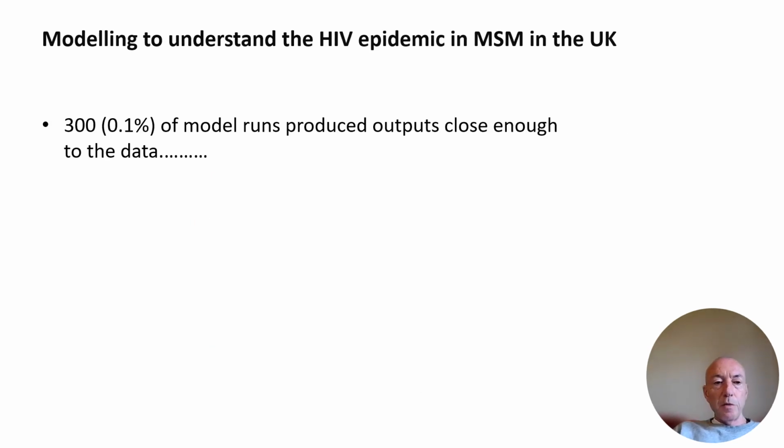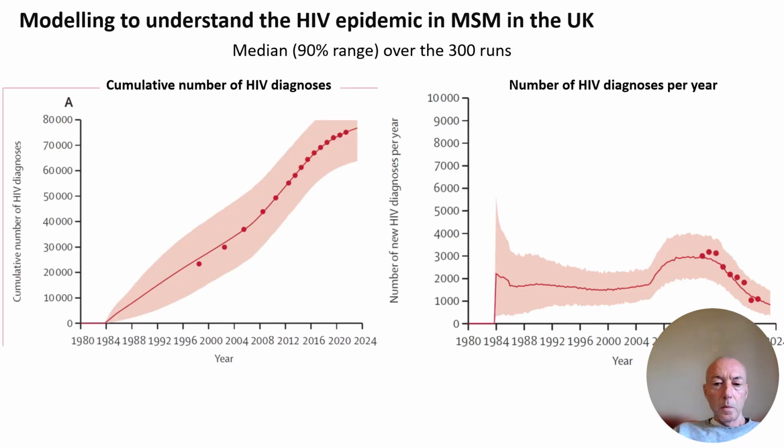So when we did this and ran the model 300,000 times, we found 300 of those model runs produced outputs that were close enough to the range of data that we felt was acceptable. So this shows, for example, the cumulative number of HIV diagnoses.